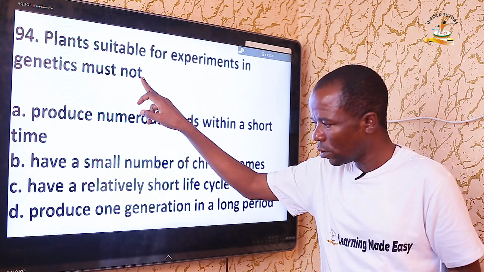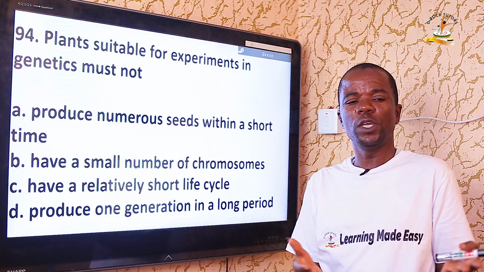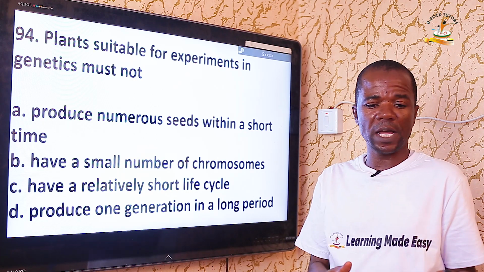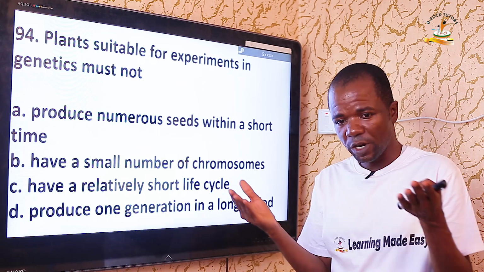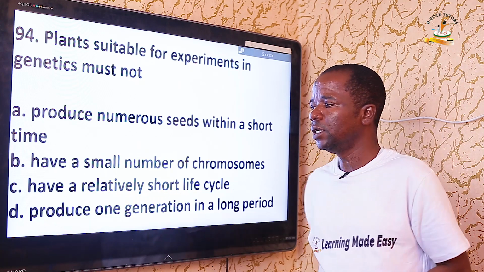So it must not produce one generation in a long period. And that is why pea plant was very successful for Gregor Mendel, because pea plant is an annual plant. It has a short lifespan. It produces one generation in a very short period, not in a long period. The correct answer here is D.